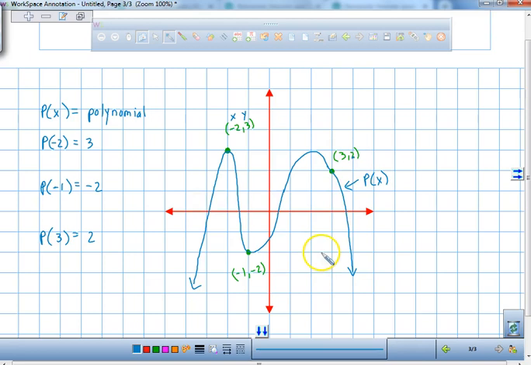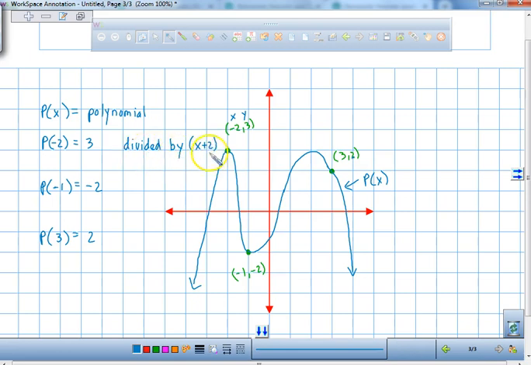Now here's what this means, guys. If I plug in a -2, this would be the remainder if you divided by x plus 2.